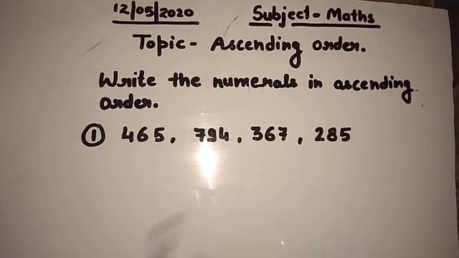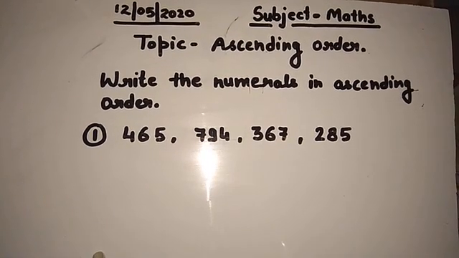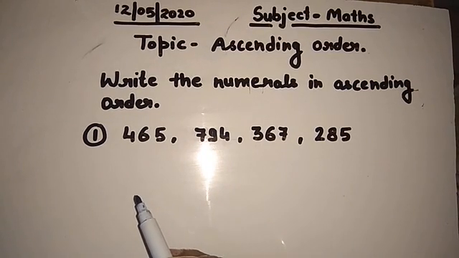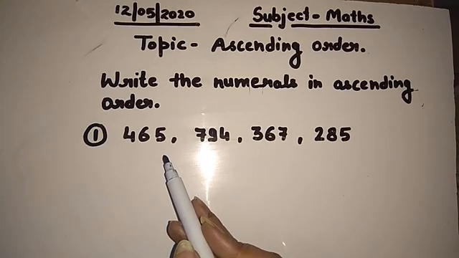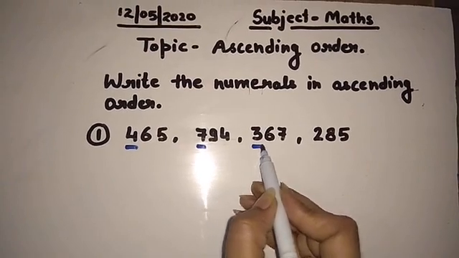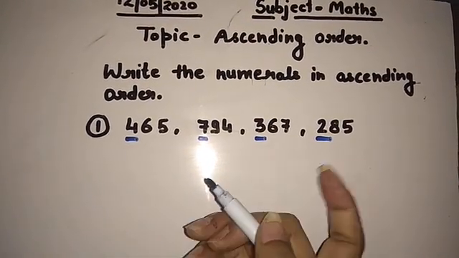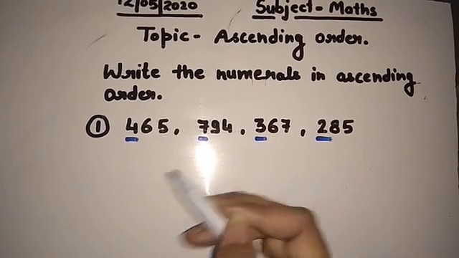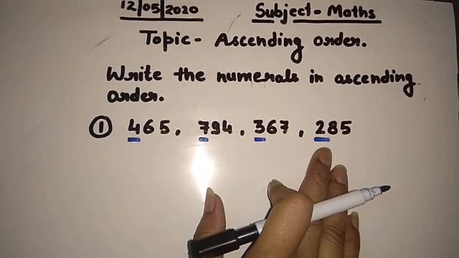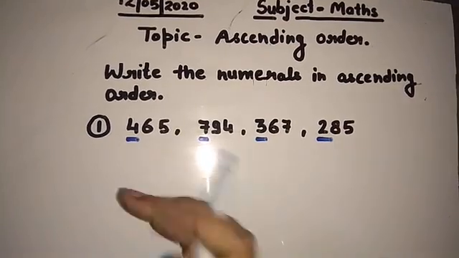All numbers are in the hundreds group. So first we check the digit at the hundreds place of all the numbers. Here 4 is given, here 7, here 3, here 2. Among all these, which one is the smallest? The smallest digit at the hundreds place is 2. So our smallest number is 285.